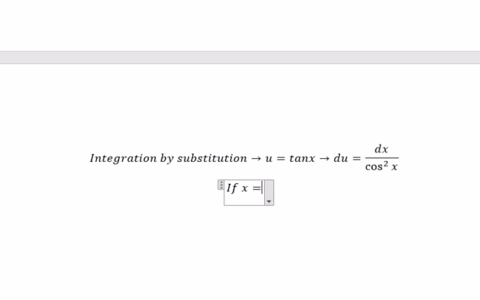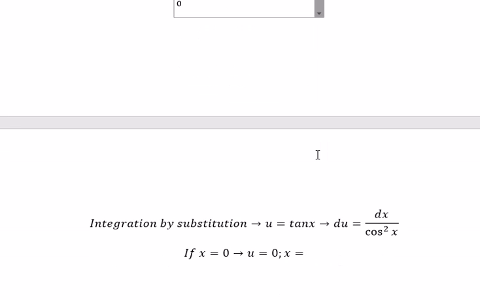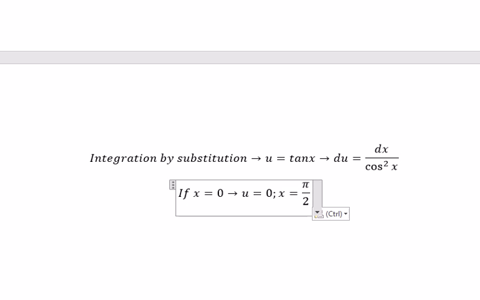If s equal to 0, we get u equals 0. If s equal to b over 2, you get u equals positive infinity.